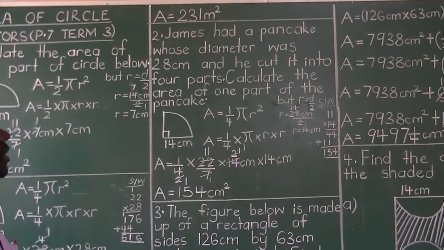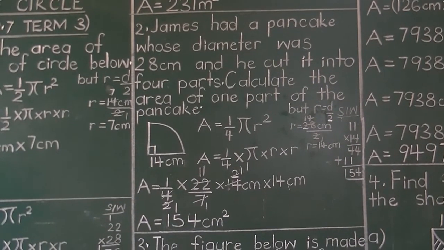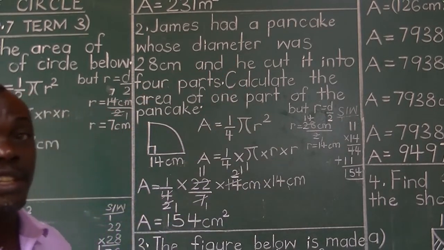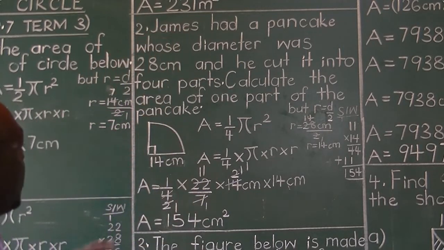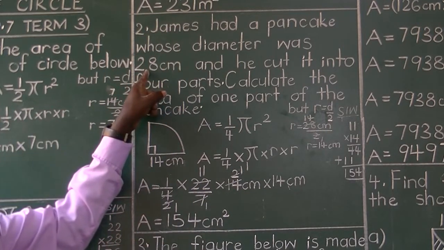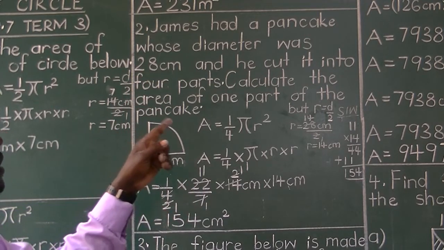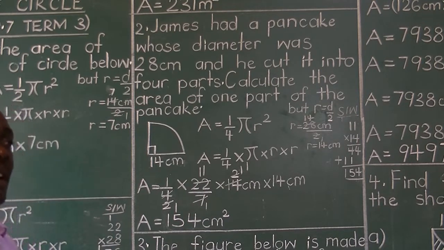Let's see. We normally bring things you enjoy eating. Let's see. James had a pancake. So James had a pancake whose diameter was 28 centimeters, and he cut it into 4 equal parts. A pancake is circular, that is a circle.